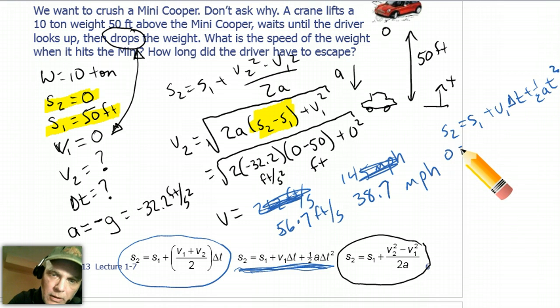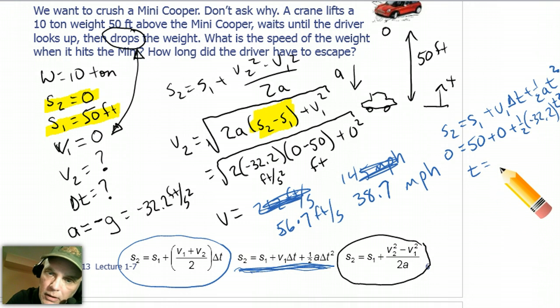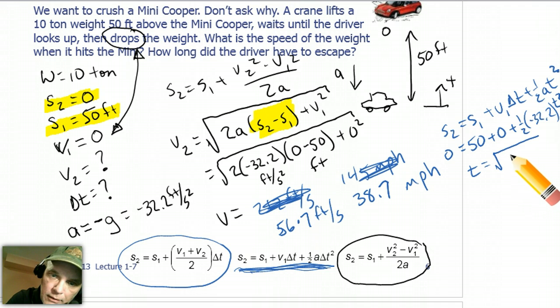So we had 0, 50, 0, I'll write the T there, 1/2 minus 32.2 t squared. So t is going to be the square root of 2 times minus 50 over minus 32.2.